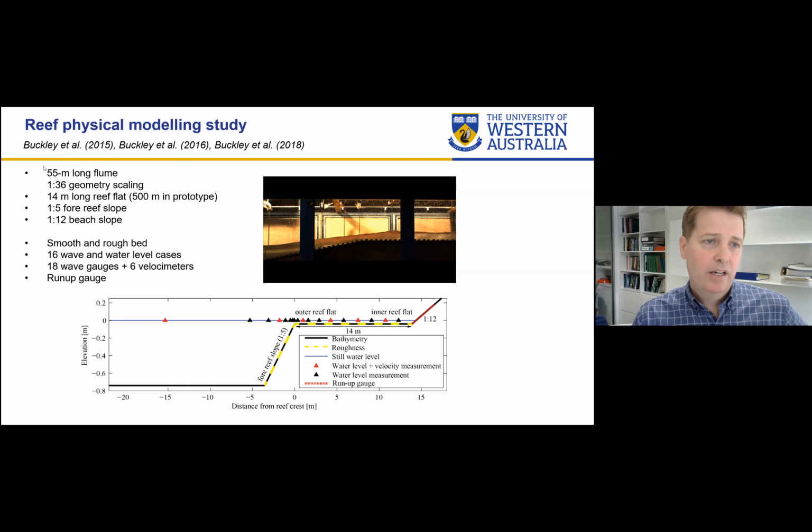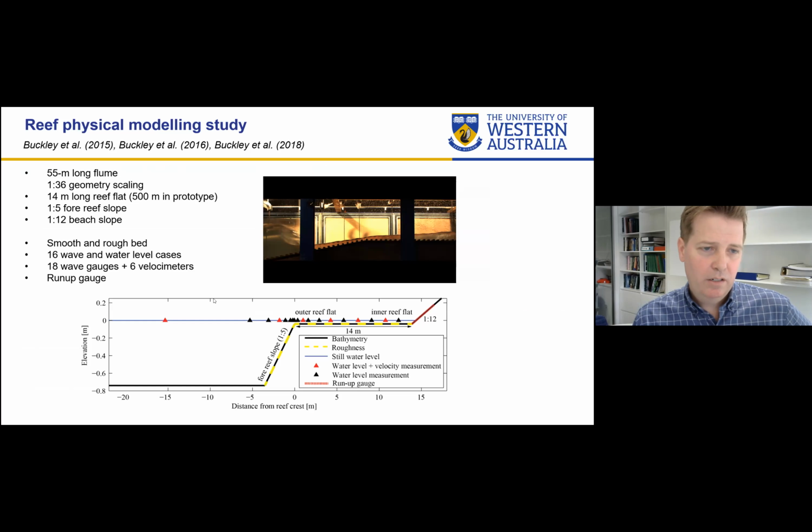We did quite extensive experiments in a 55-meter long wave flume, and we essentially built a reef scaled down by 1/36, roughly similar to a prototype for something like Ningaloo Reef. One of the advantages of physical model testing is we can get really detailed measurements through the surf zone.